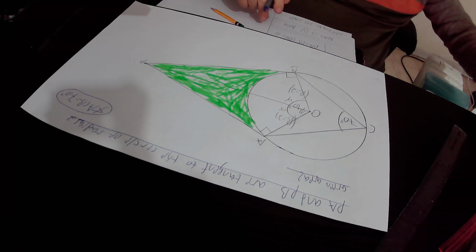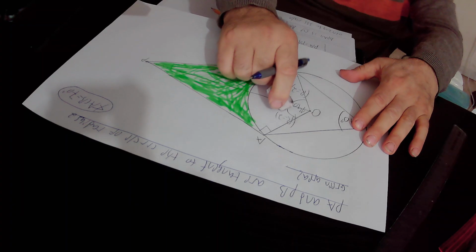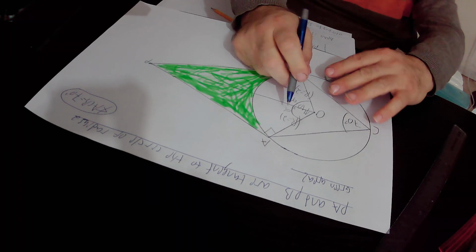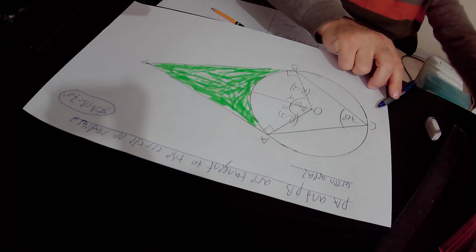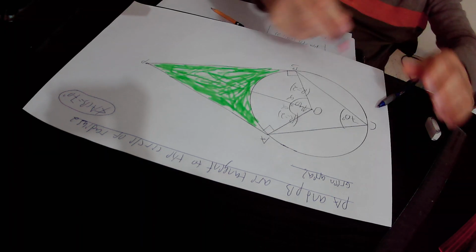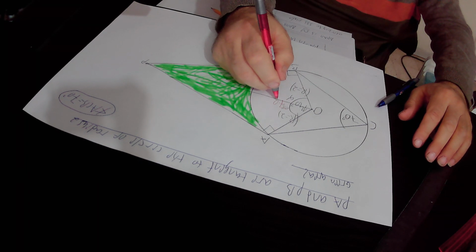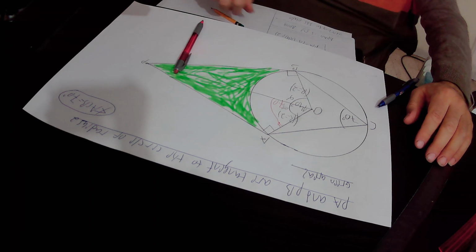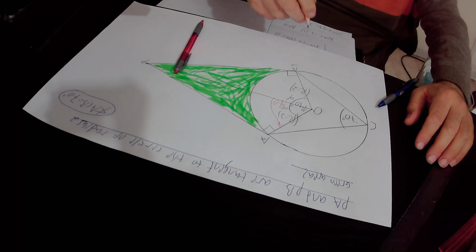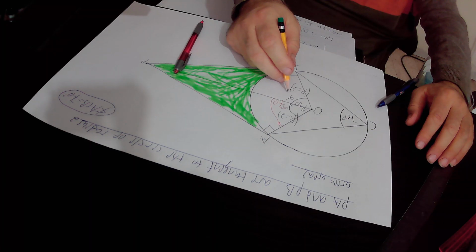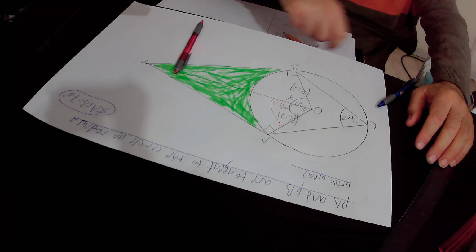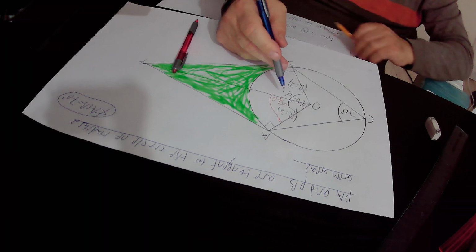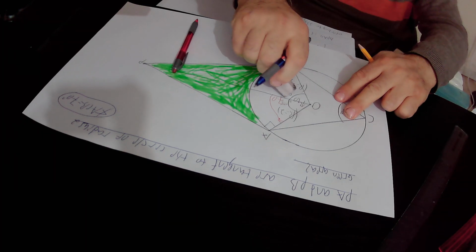So this is angle alpha that is equal to 70 degrees in its size, and this is also angle alpha that is equal to 70 degrees.